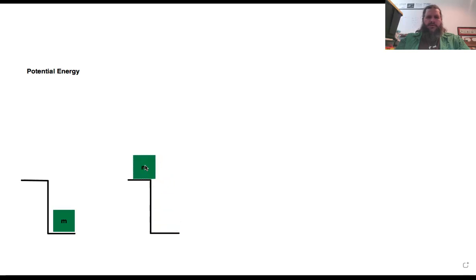So you want to put it on top of the shelf. So let's say this is the initial situation, and then the final situation is the mass is higher up. What's going to determine how difficult it is to accomplish that?